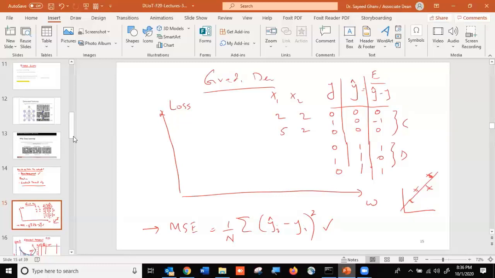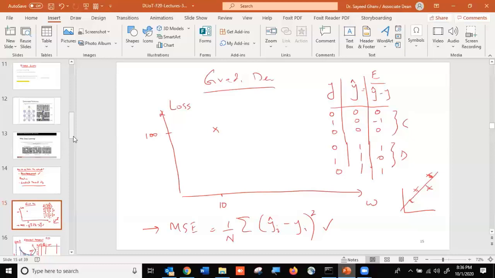Now, let's say we define the loss, and I'm going to erase some of this. And let's say that we have an initial value of W, and for that we get a particular value of a loss, all right? Suppose this particular loss comes out to be 100, and we pick a particular value of W, let's say we pick a value of 10, all right?